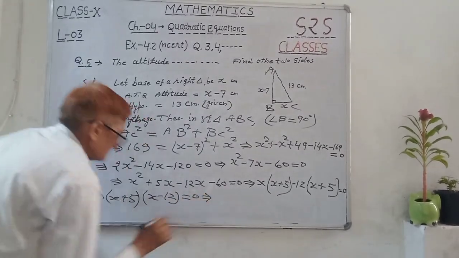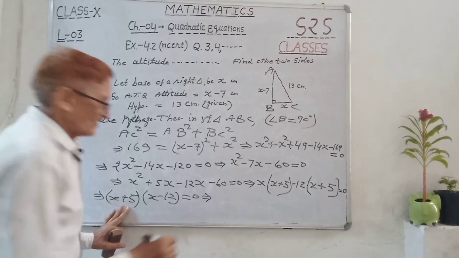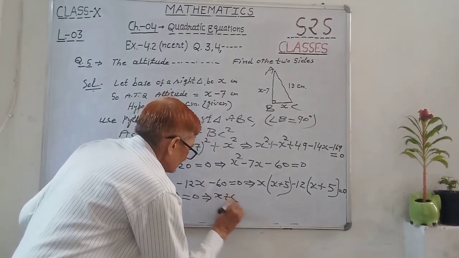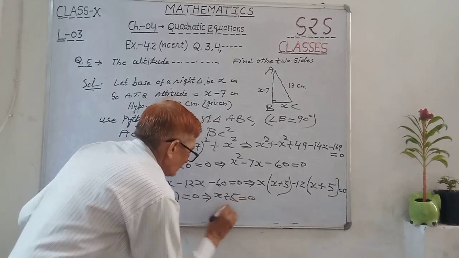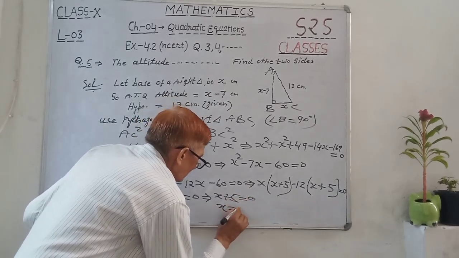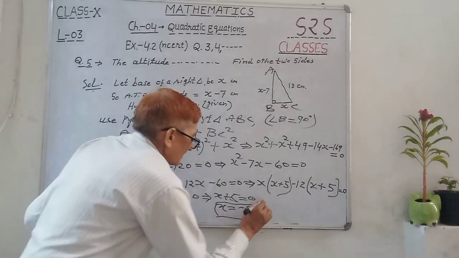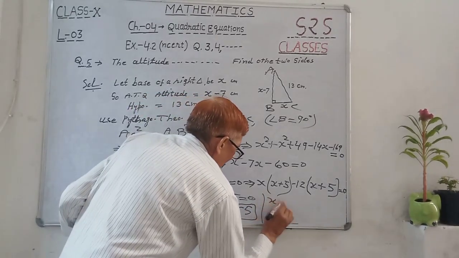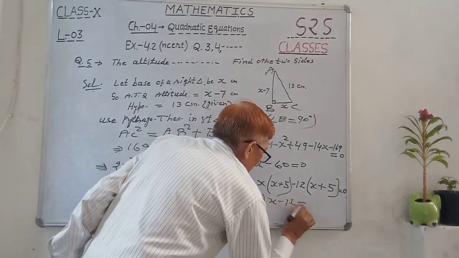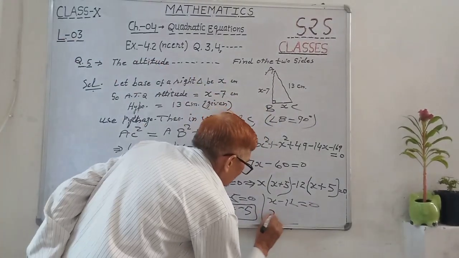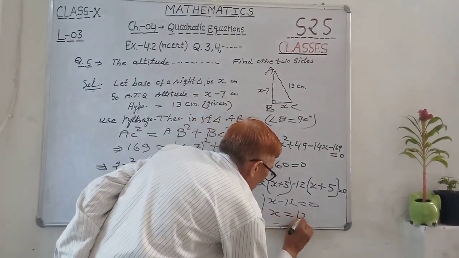This implies x plus 5 equal to 0, then x is equal to minus 5. Second, x minus 12 is equal to 0, then x is equal to 12.